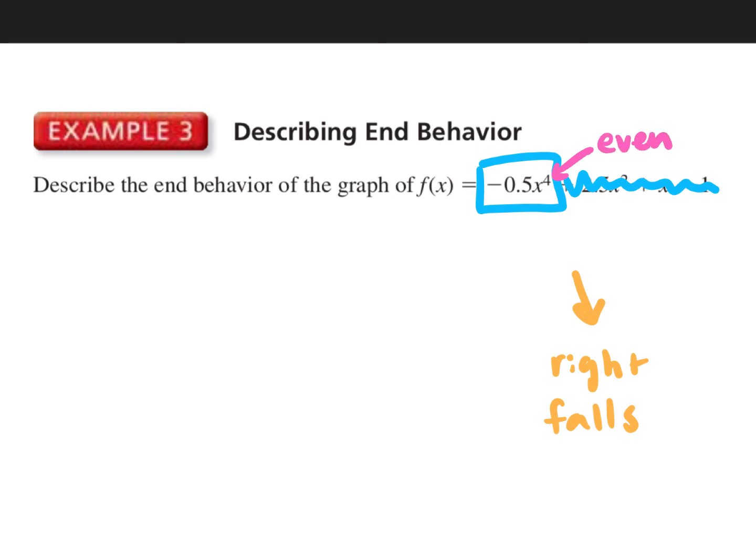So does that tell me they go in the same direction or opposite? Same direction. So that means the left one also falls. So you could say falls left and right, or falls left and falls right.